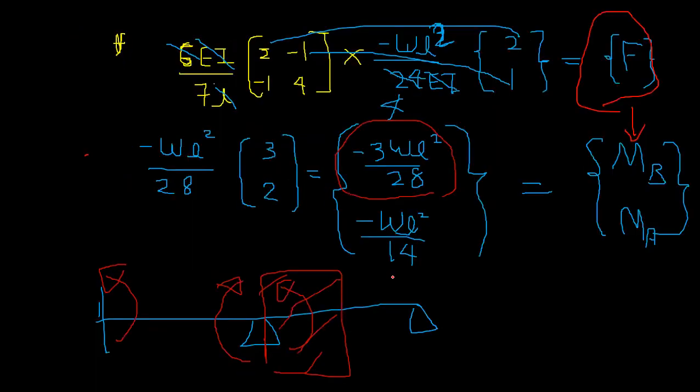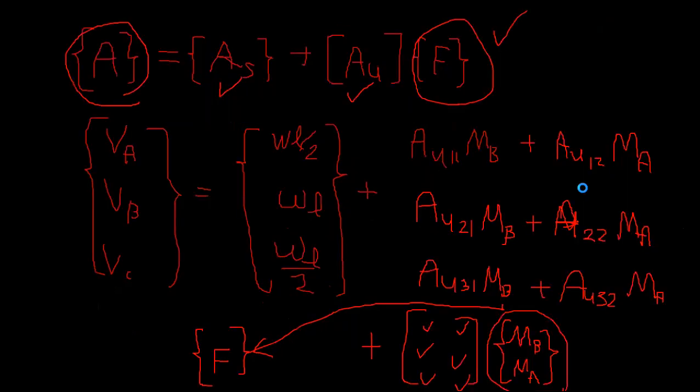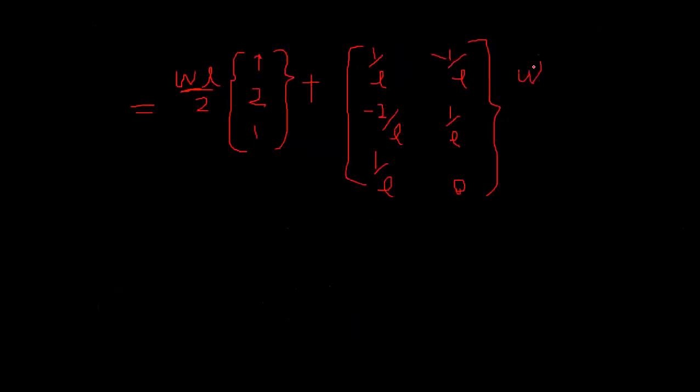What is force? W, this one, right? It's okay to use something convenient to simplify, right? Minus WL over 28. This is the matrix.